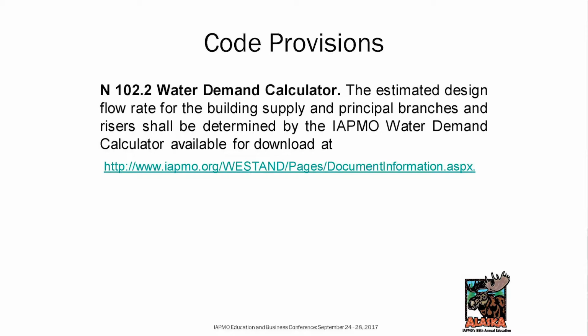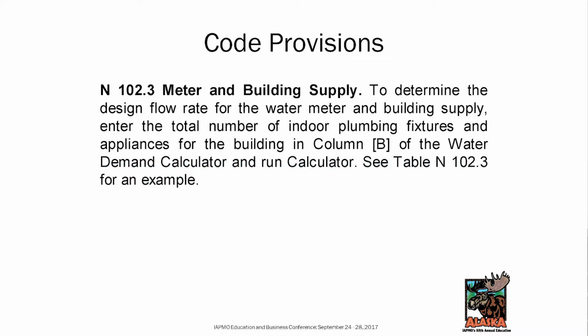For the meter in a building supply, and we'll be doing this, you just enter in the number of plumbing fixtures in the building and let the water demand calculator calculate for you what the estimated demand is.